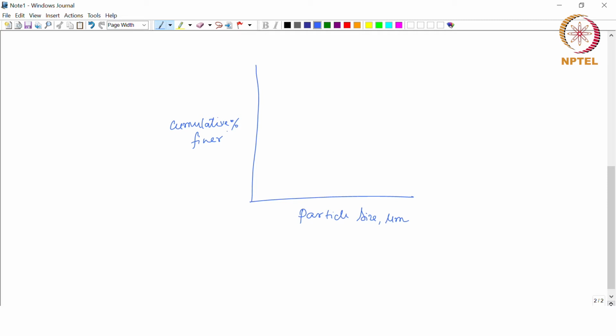And it is typically an S-shaped curve like this, and from this you can also derive the statistical information like the median size corresponding to sigma equals 0, then the sizes corresponding to sigma equals 1, sigma equals 2, and so on, where sigma is the standard deviation.